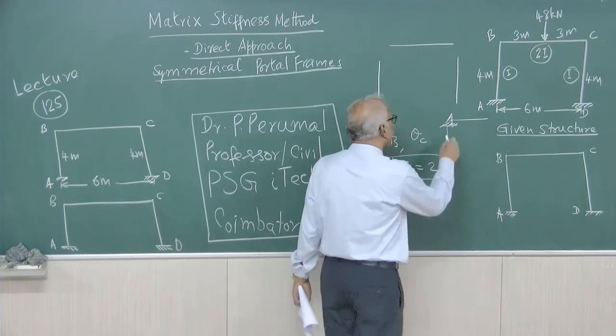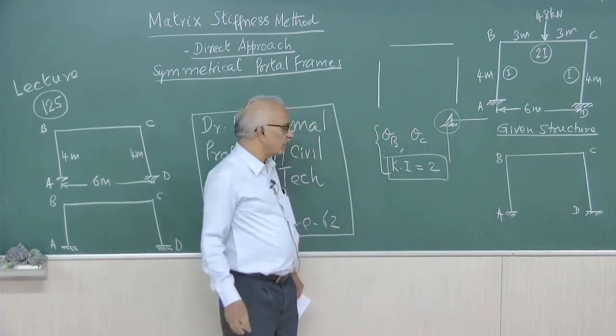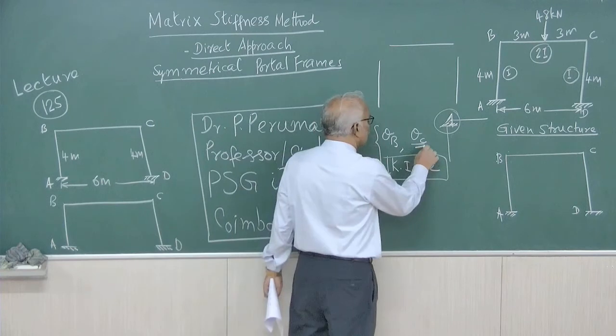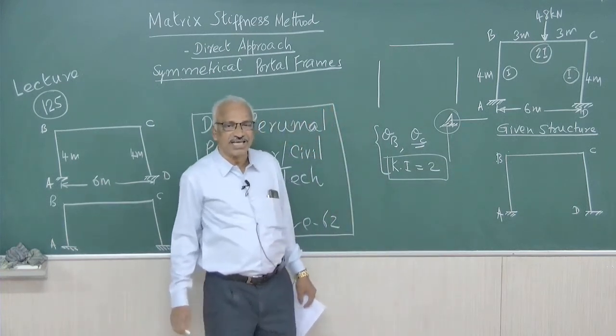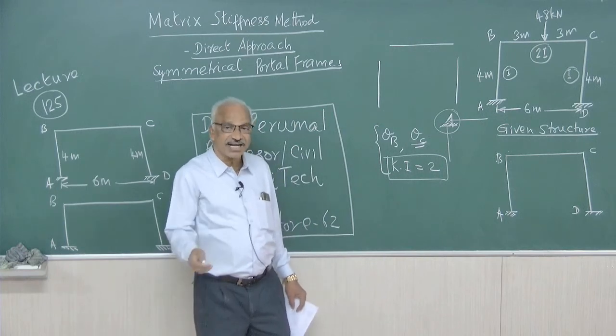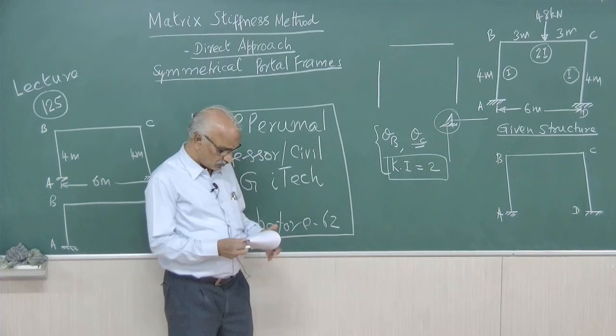So, theta B has to be arrested, and theta C also has to be arrested. So, make theta B equal to 0, theta C equal to 0, and get the constrained structure.